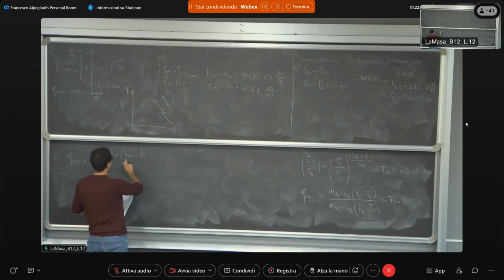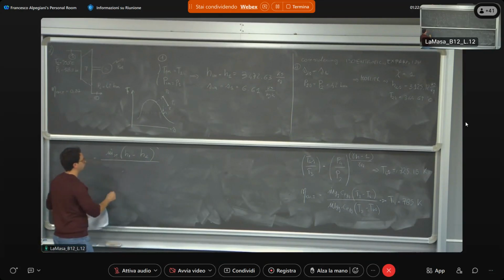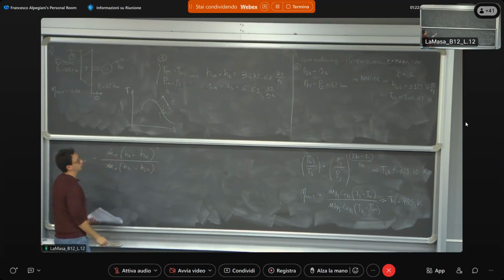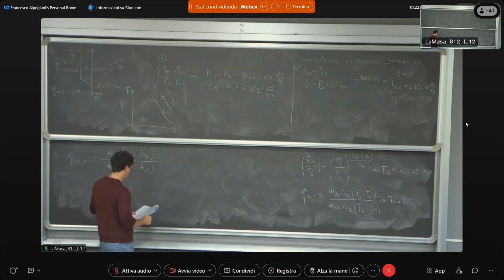And so H1 minus H2, which is the real expansion, obviously, also in this case, lower than the ideal one, is m dot of the steam, so the mass flow rate of steam, times H1 minus H2S, so the enthalpy that we have evaluated considering an ideal expansion.